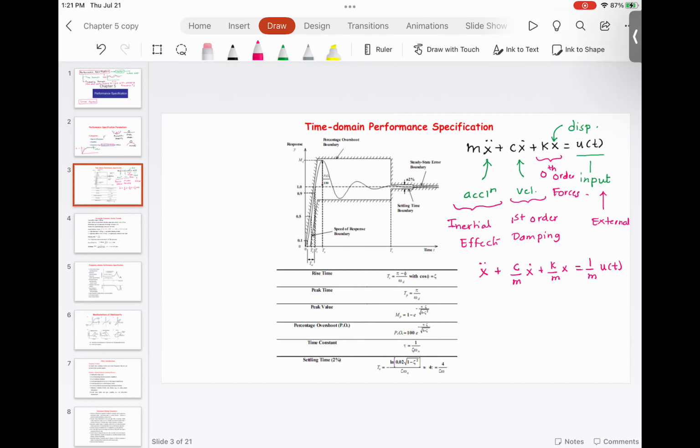Now c over m is denoted as 2 zeta omega n x dot, and k by m is defined as omega n square x, and u of t is defined as u bar of t. This is called the standard form.